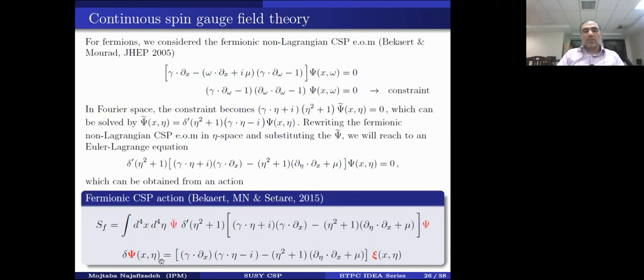It also has a gauge transformation, with this gauge transformation parameter. In the end, we will want to supersymmetrize these two actions, which are known as the Schuster-Toro formulation for continuous spin particle.